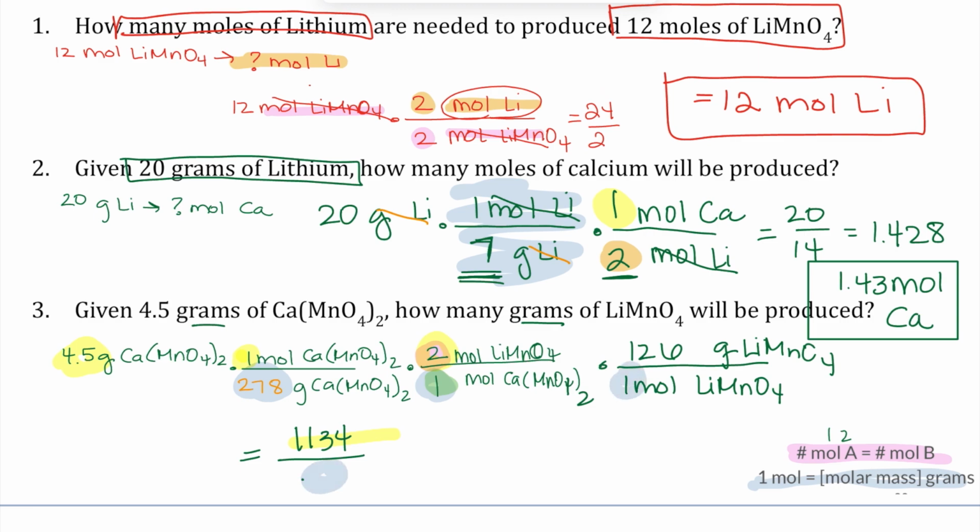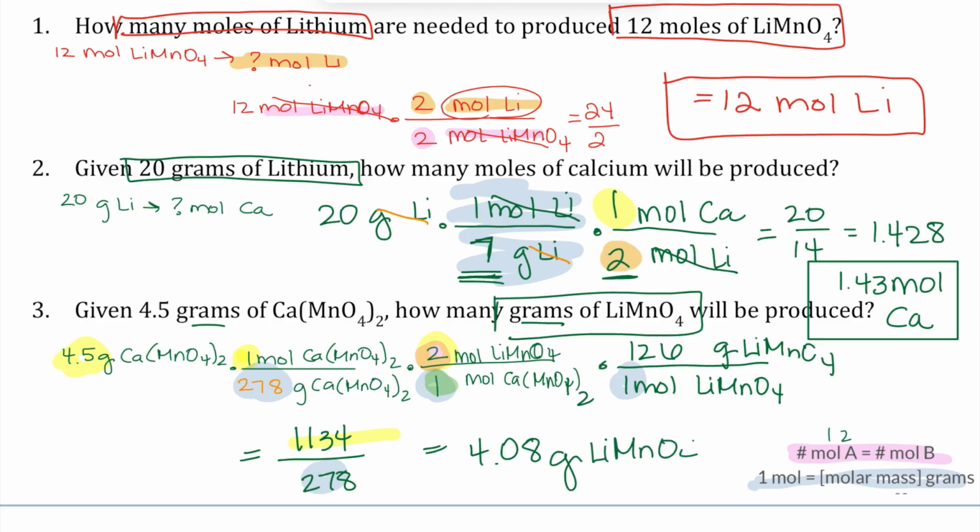So divided by 278, which is 4.079. So let's just say 4.08. And then we need grams as a unit, and we need to say what chemical we're talking about.